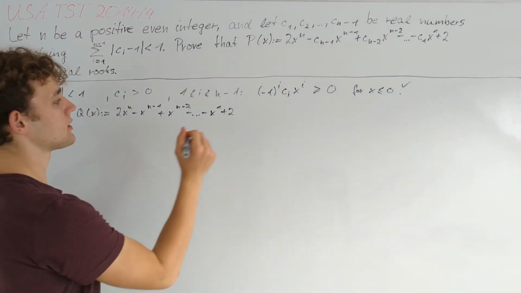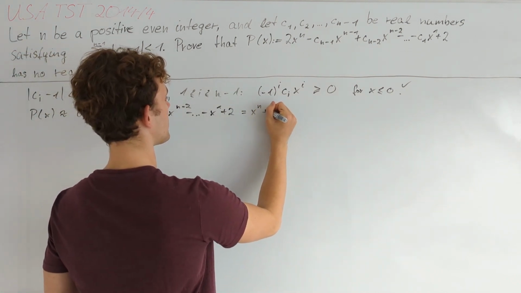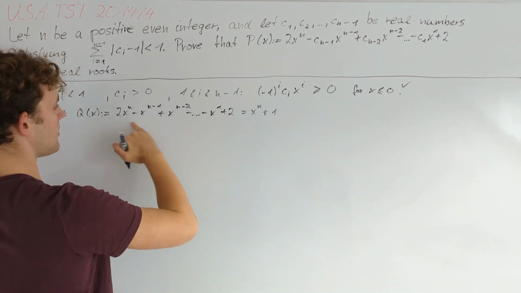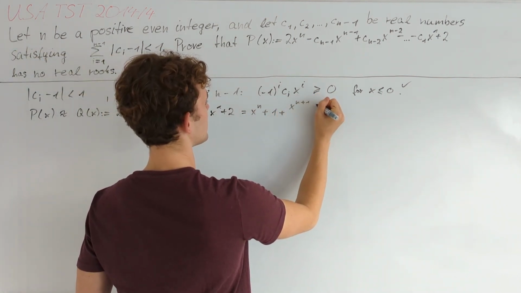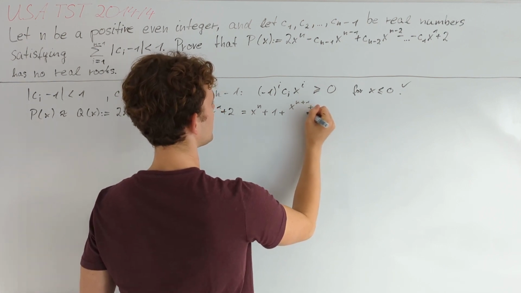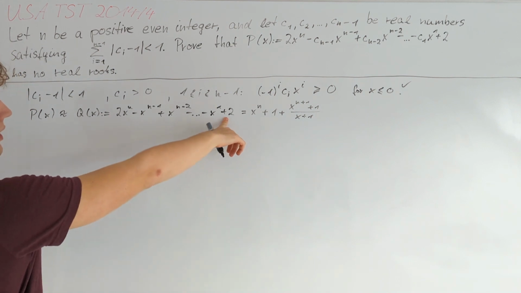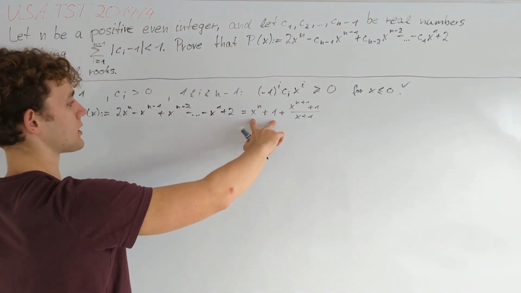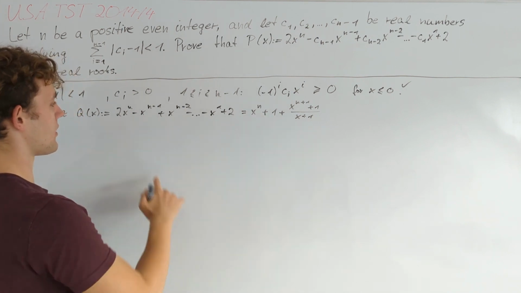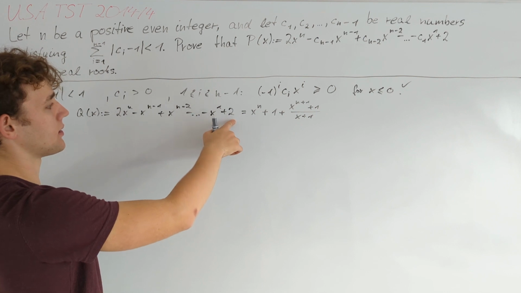And q of x is equal to x to the n plus 1 plus x to the n plus 1 divided by x plus 1, because if we imagine this to be a 1 and this also to be a 1, which we can do by subtracting x to the n plus 1, then this is a geometric series with factor negative x.